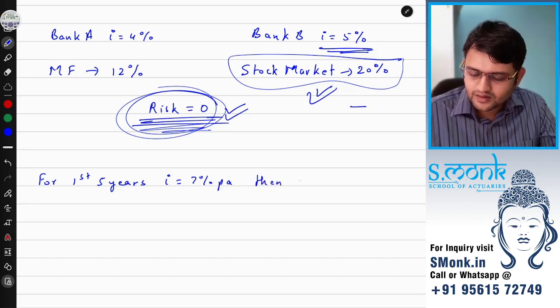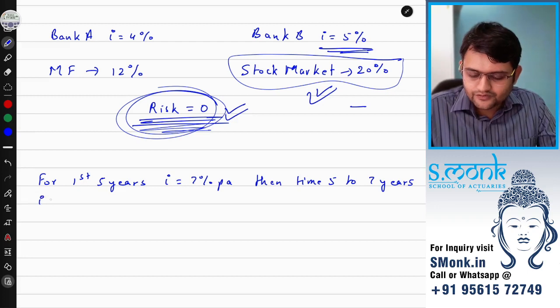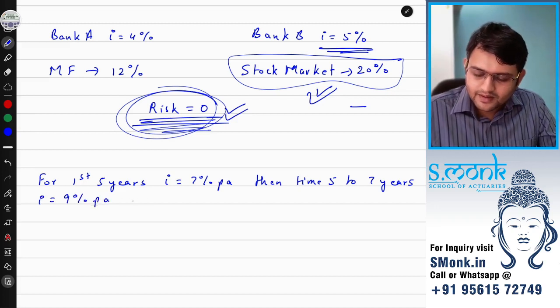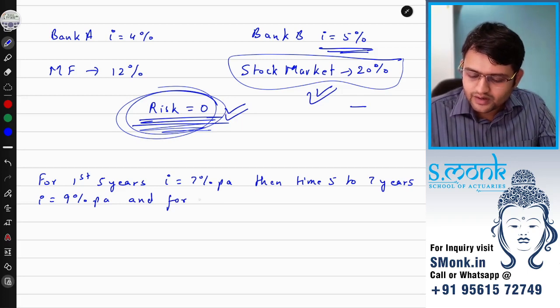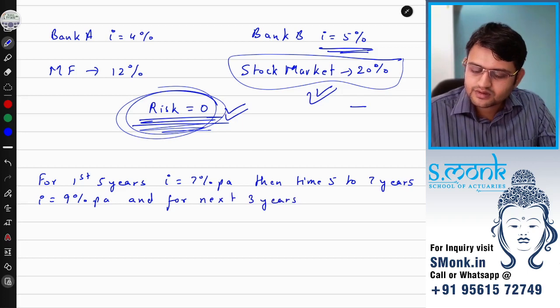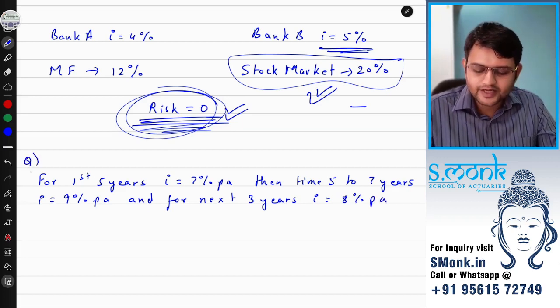Then for time 5 to 7 years, the rate of interest is say 9% per annum, and for the next 3 years the rate of interest is, let's say, 8% per annum. Okay, let me make it as a question.